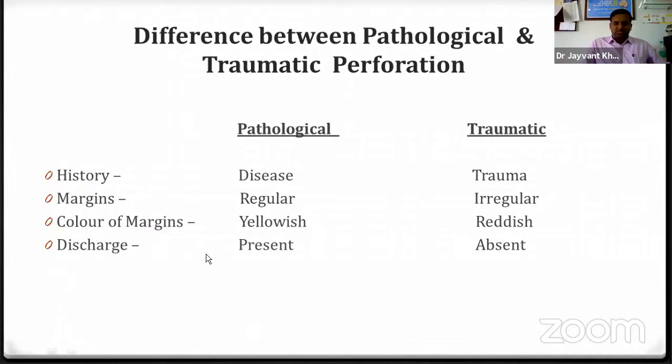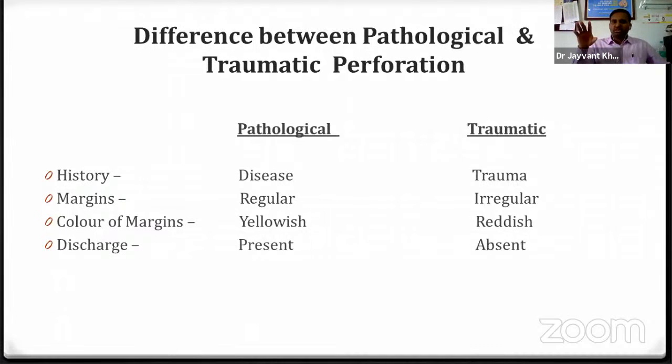Color of margins. When middle ear inflammation turns into middle ear infection, yellowish suppurative pathologies are seen in the middle ear cavity. When discharge comes to the external ear through the tympanic membrane, through regular margins, then due to suppurative pathology the margins are yellowish.